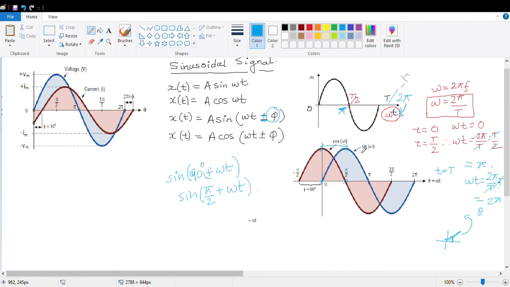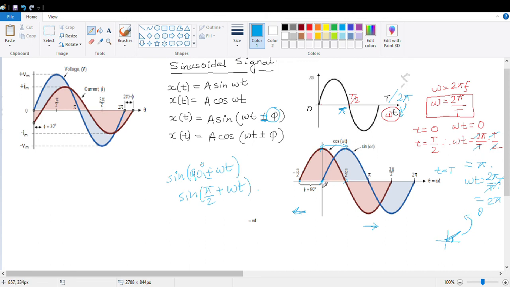So what I want to say is that if the signal is shifted in the right hand side direction, it will be a lagging signal, whereas if the starting point of a signal, with respect to a reference signal, is on the left hand side, you will understand it will be an advance signal or plus phi signal.